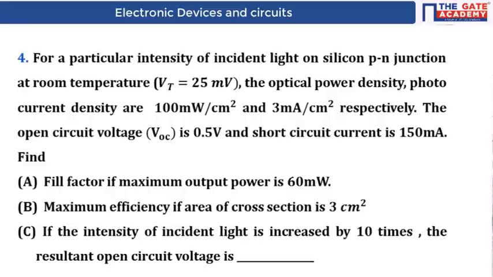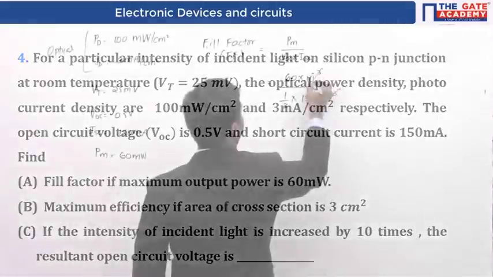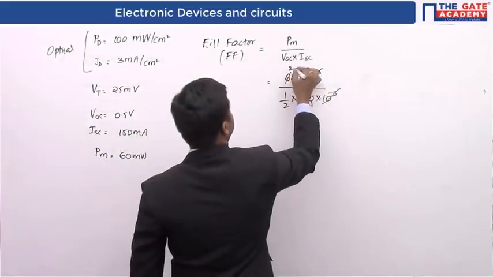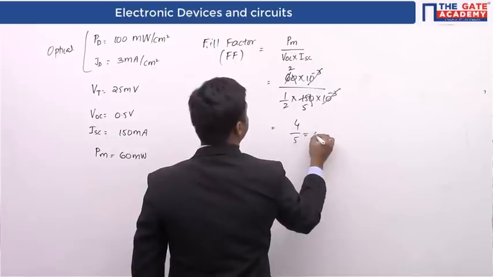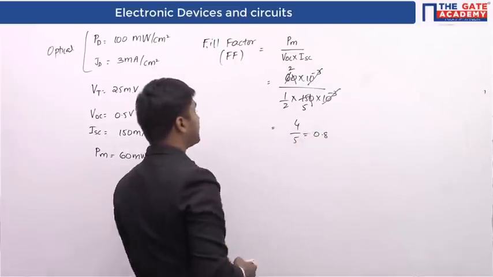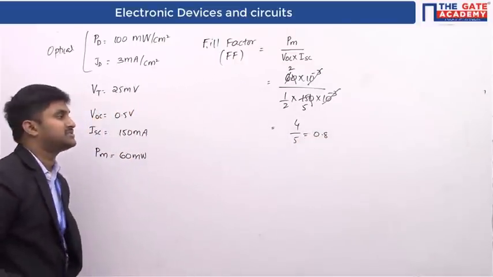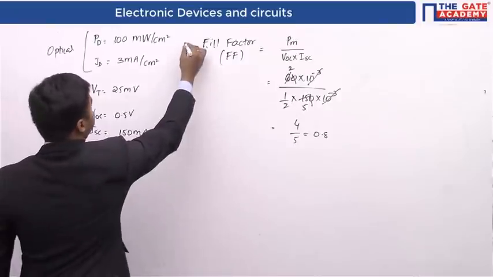So 60 multiplied by 10 power minus 3 divided by VOC, which is 1 by 2, ISC, which is 150 into 10 power minus 3, which is going to be 4 by 5, which is 0.8. The fill factor in this question is equal to 0.8. This is the first part of the question.